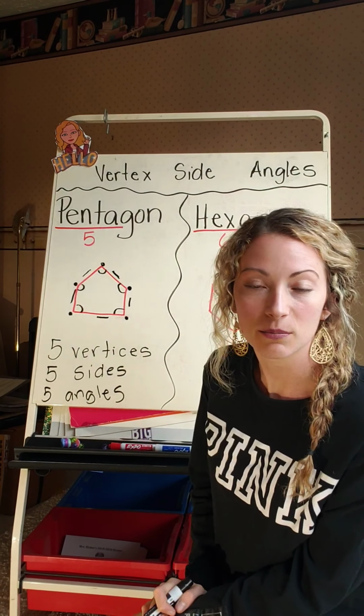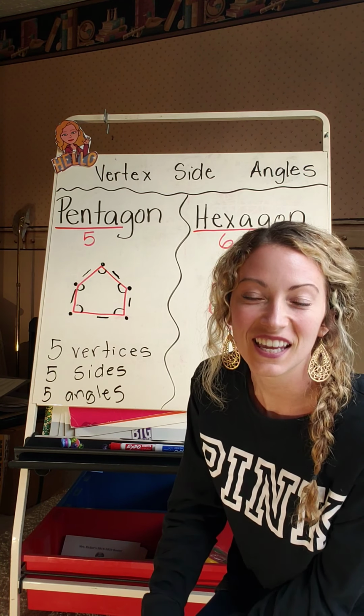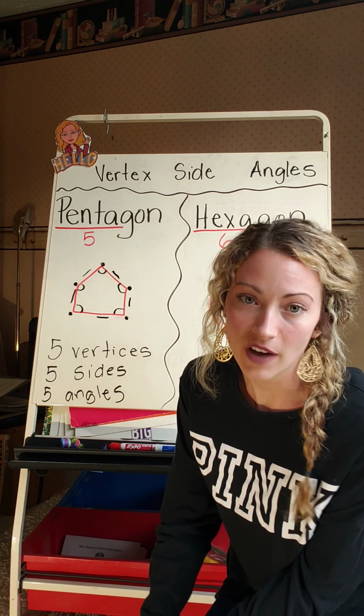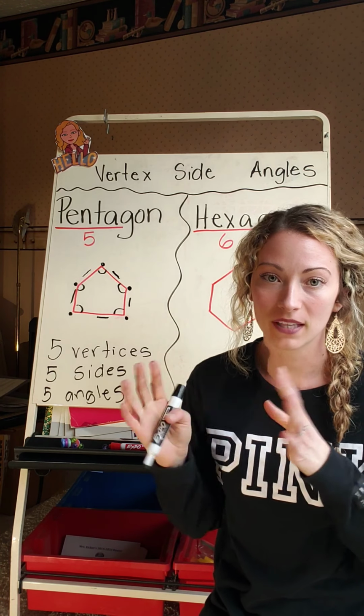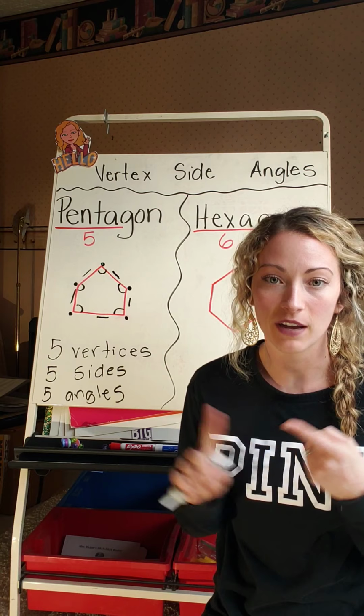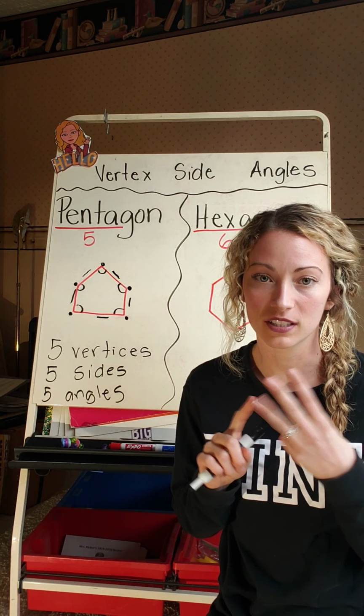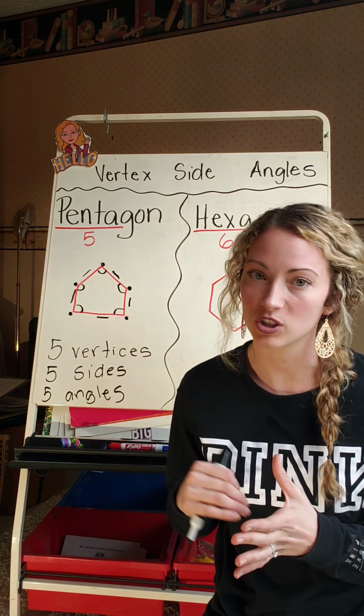Don't mind my handwriting, it's pretty crazy writing like this. So penta means 5, so that should tell you pentagon, 5 sides, is going to have 5 vertices, 5 sides, 5 angles. It's a 5-sided shape, so all the numbers should be 5.